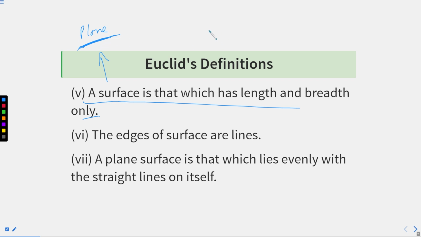For example, in a line segment, if one is standing here and tries to move front, then after this point he will get down. But on a line, if he is walking, it keeps extending. Whichever side he chooses to walk, the line keeps extending.